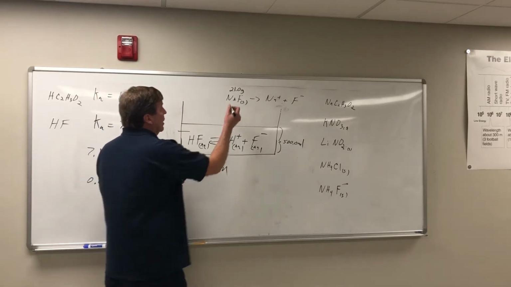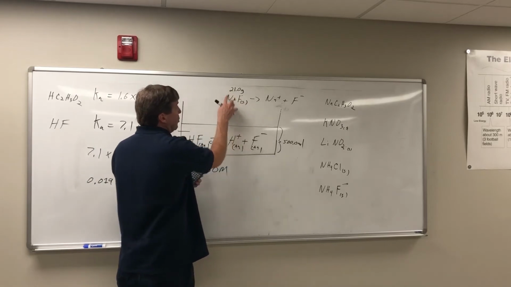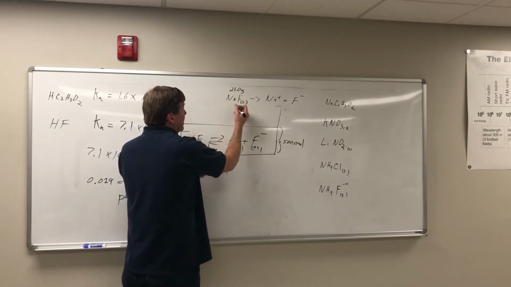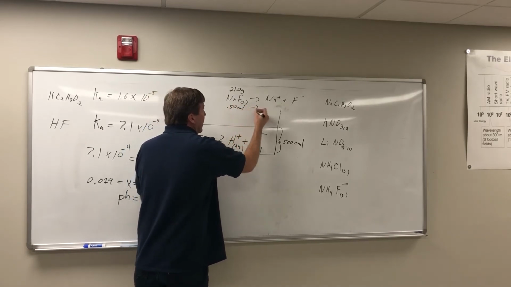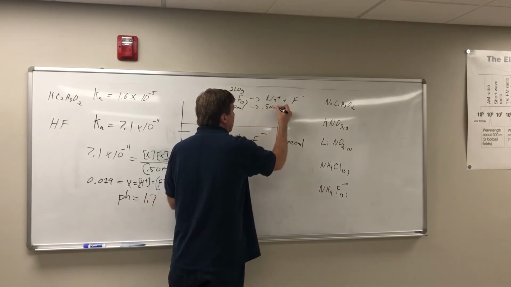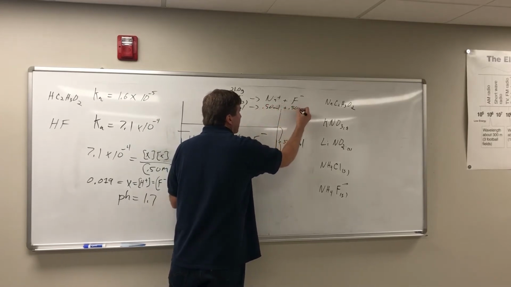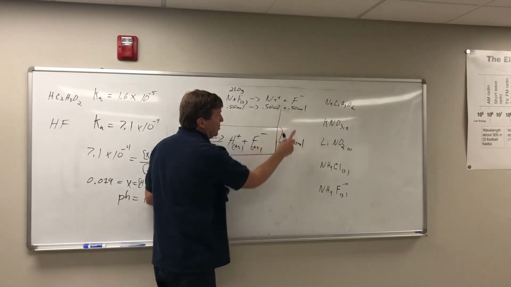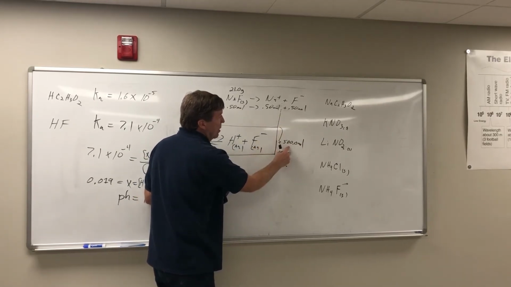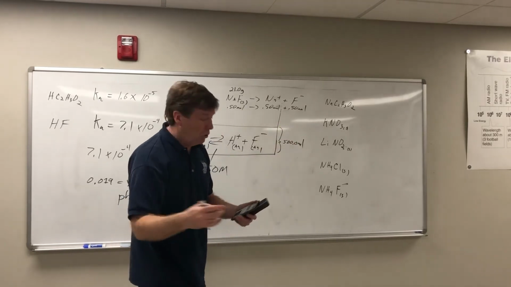Okay, so let's convert grams to moles, and when we convert grams to moles, we're going to have approximately 0.50 moles, and that's going to get 0.50 moles here plus 0.50 moles there. Notice 0.50 moles here. Let's divide that by the total volume.